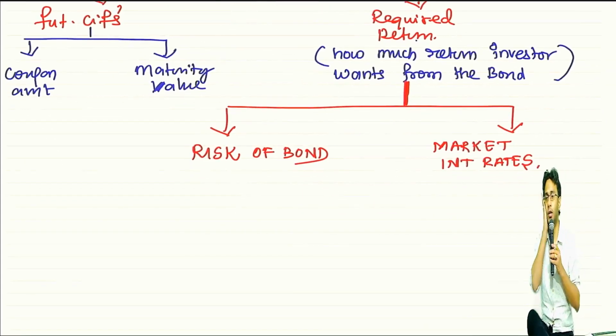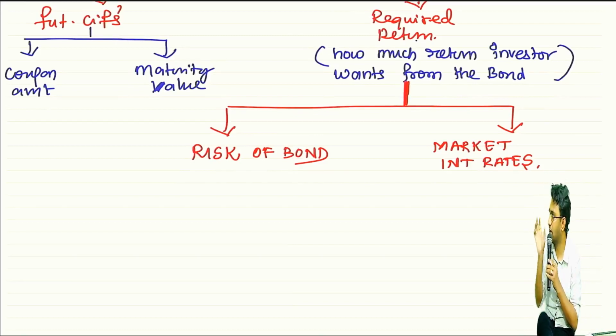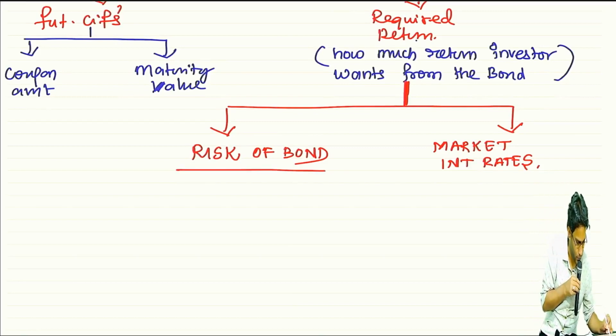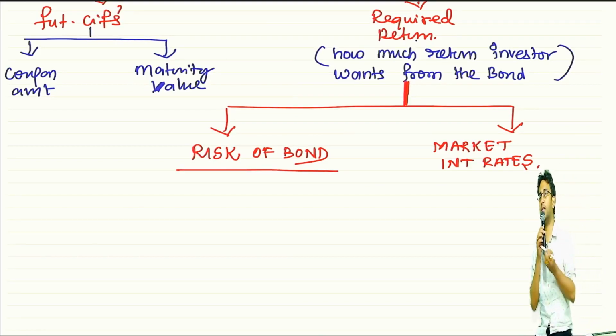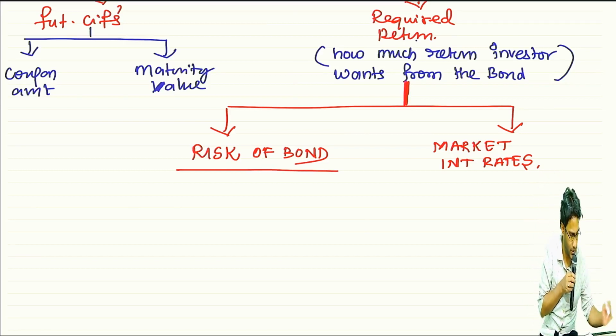So how much return an investor will desire depends on these two things: the risk of the bond and the market interest rates. Sir, how will the risk of the bond impact the return required by the investor? General common sense only, sir.